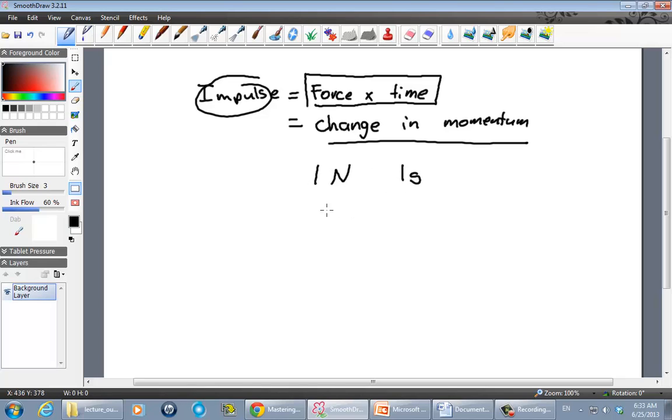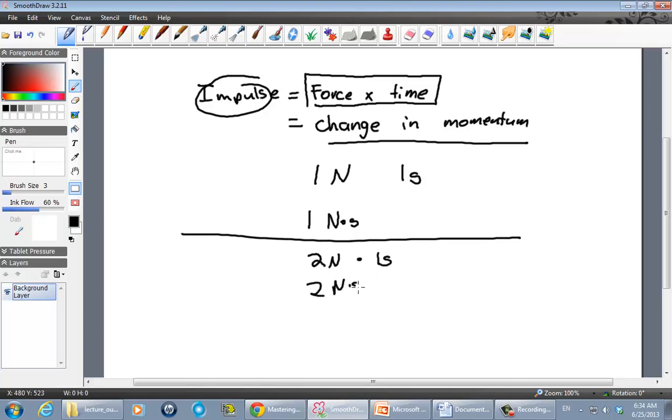Then our change in momentum is 1 Newton second. Now let's say that we double the force. If we double the force, then we'd have 2 newtons times 1 second, which is 2 Newton seconds. So what happened to our impulse? Our impulse doubled. So you double the force, you'll double the impulse.